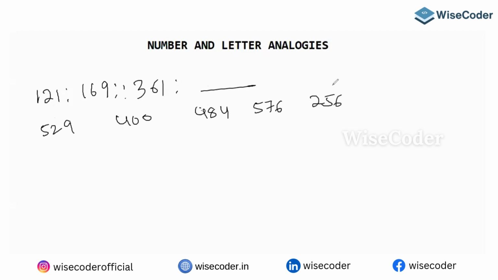Now also I can see all squares. Let's try with squares. 11 square, 13 square. This is 19 square. Yes or no? But look at here. 11 square, 13 square, so plus 2. Plus 2 is 21 square. What is 21 square? 441. But is 441 present here?